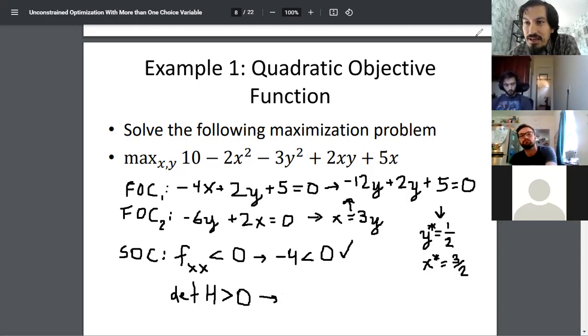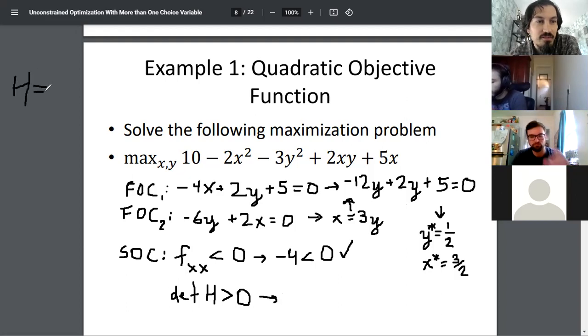It should be easy to write out. That's the good news. Do I have room on my screen to write it somewhere? Over here? I could write it all the way over here. You guys think H equals. I've already got fxx.